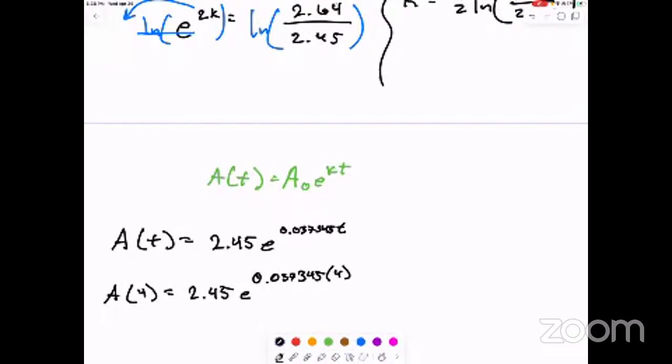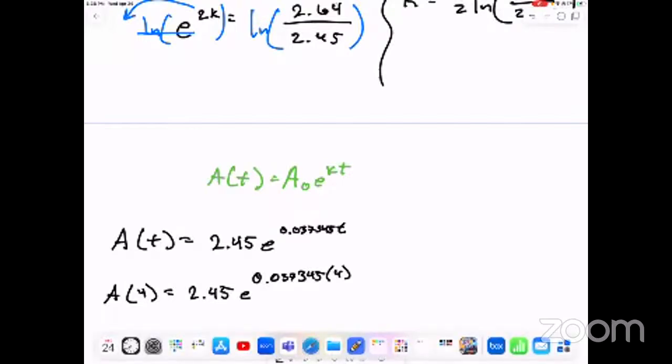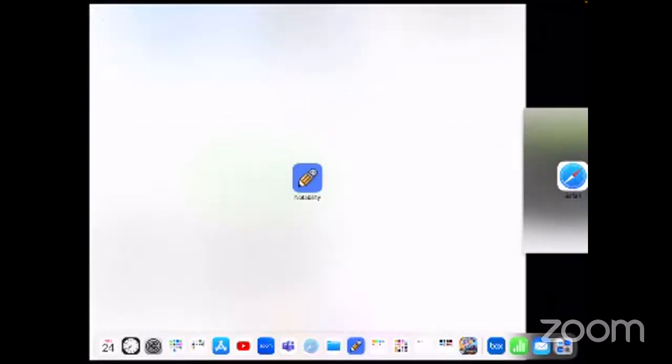So now we're ready to use our trusty calculator. All right.